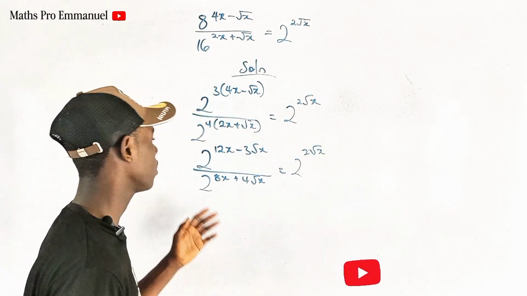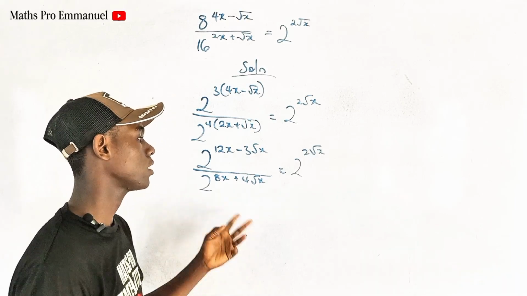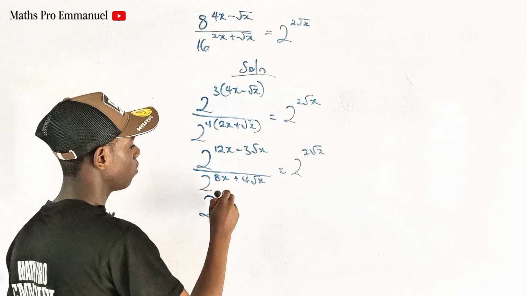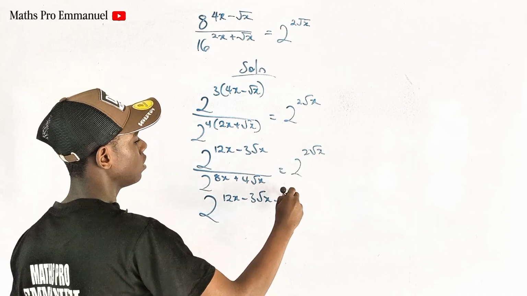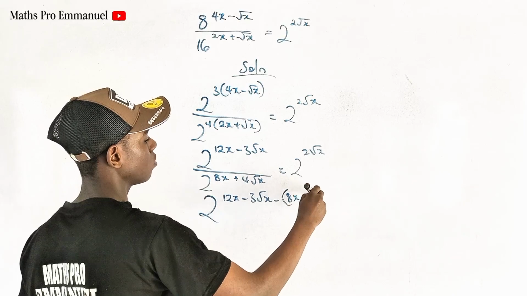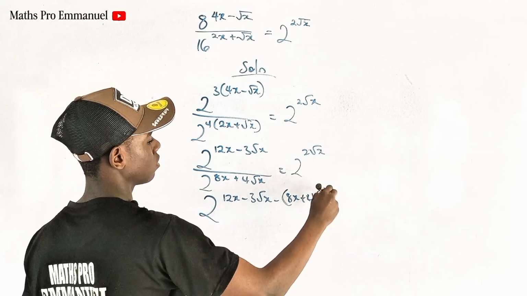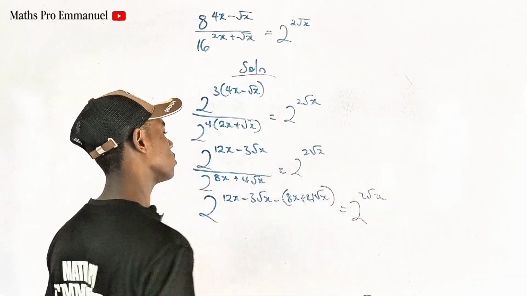Now, the two of them have the same base and I'm dividing. It's very simple: I'm just going to subtract the indices when I have something like this. So here I'll have 2 raised to the power of 12x minus 3 root x minus 8x plus 4 root x, is equal to 2 raised to the power of 2 root x.